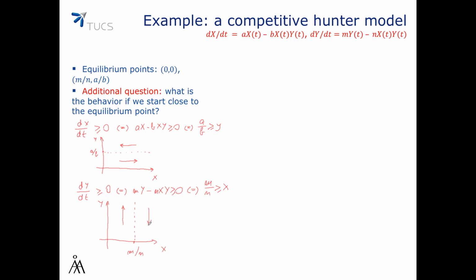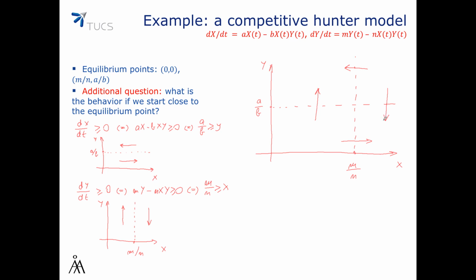And so if we put these two together, I'm going to just copy these plots together on this side. This is y and this is x, and let's say this is a over b, and let's say that this is m over n, and the growth was like that on this side and like this on this side, and it was like this on this side and like that on this side.